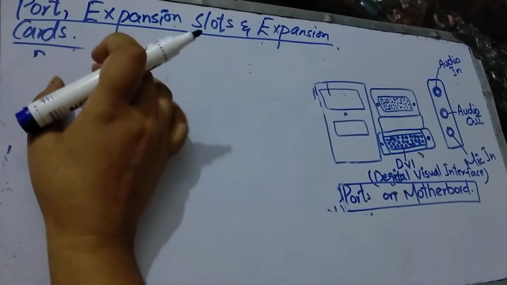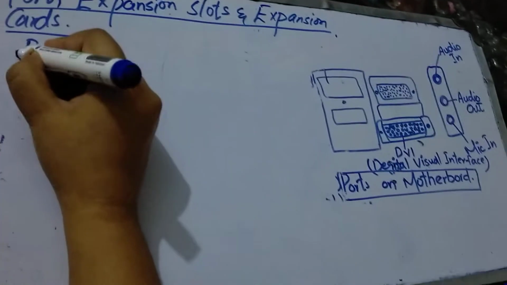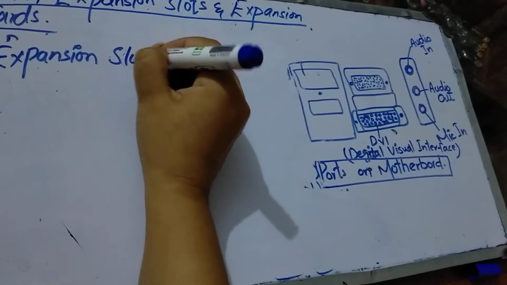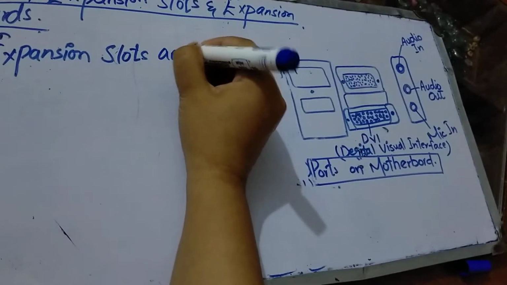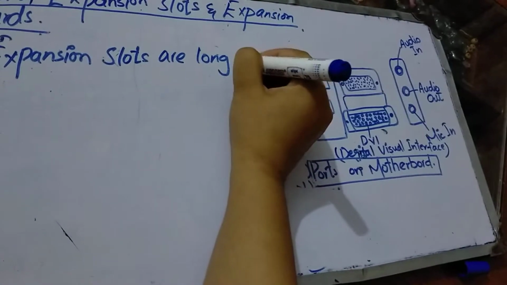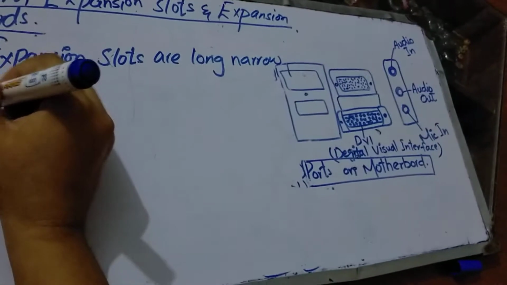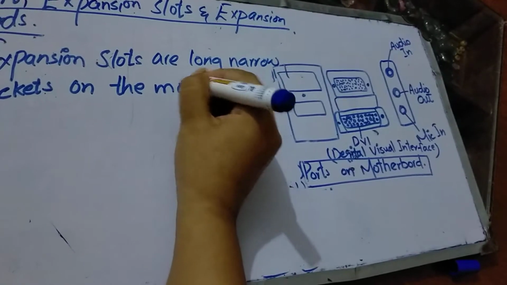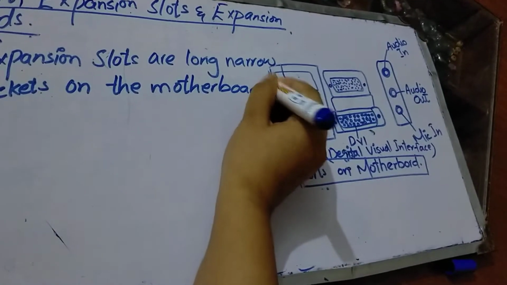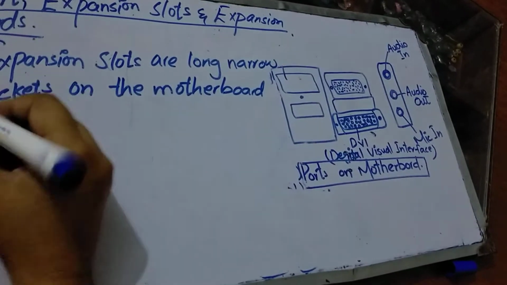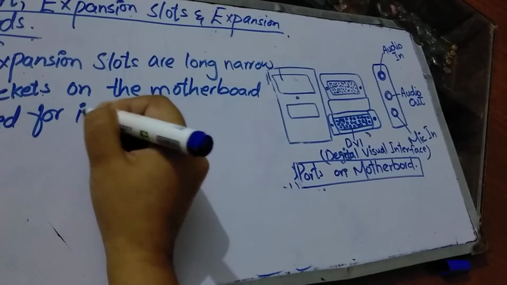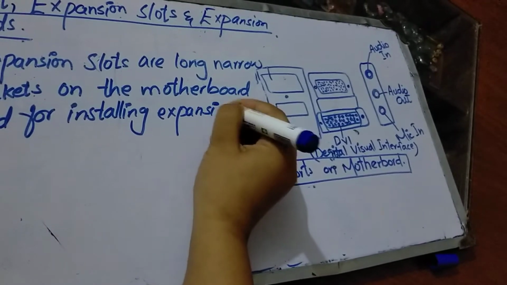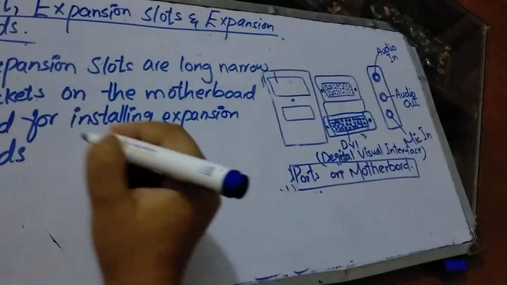Expansion slots are long, narrow sockets on the motherboard, used for installing expansion cards.